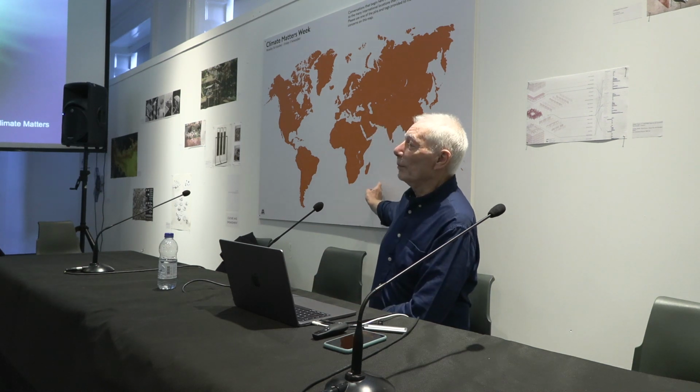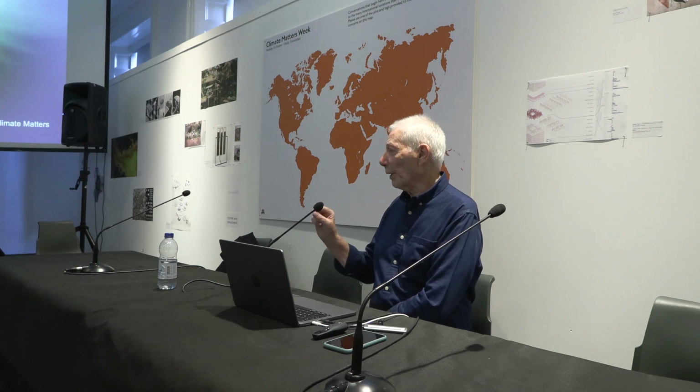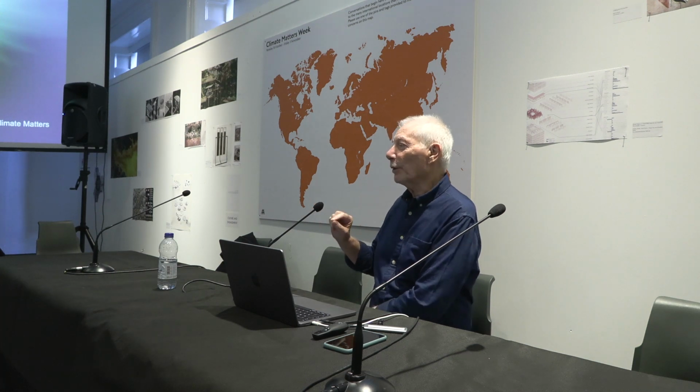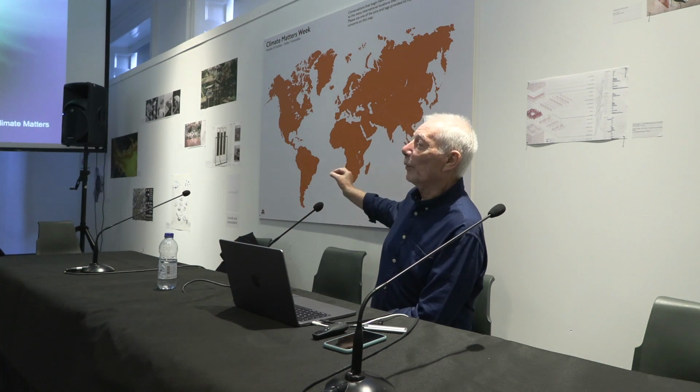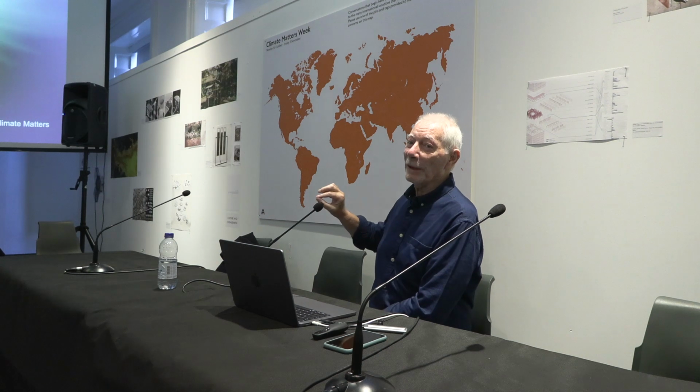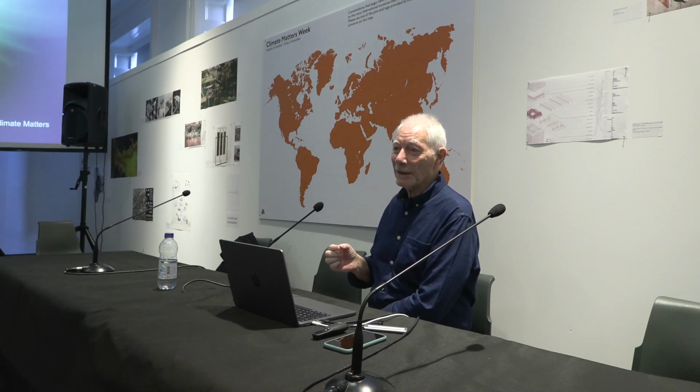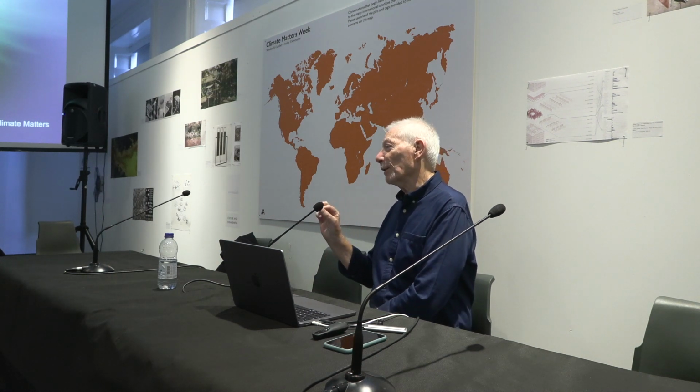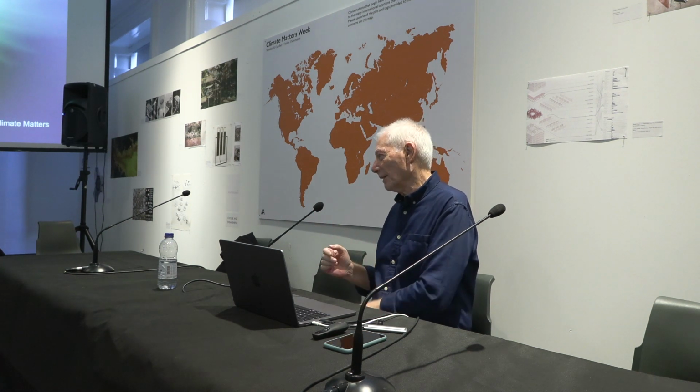So this world map, tomorrow there will be drawing pins and little luggage tags. We'd like everybody to push in a pin where their home country is, and write on the little tag what they think the principal climatic issue is.